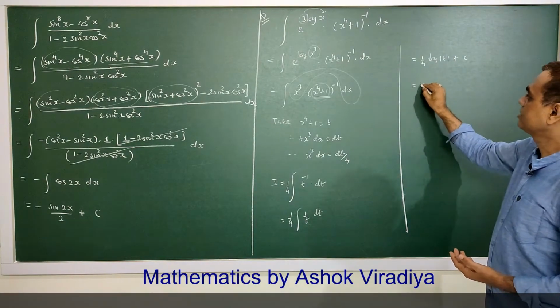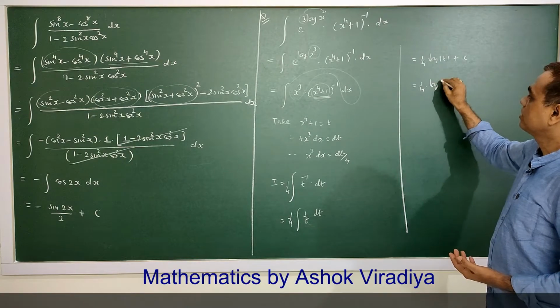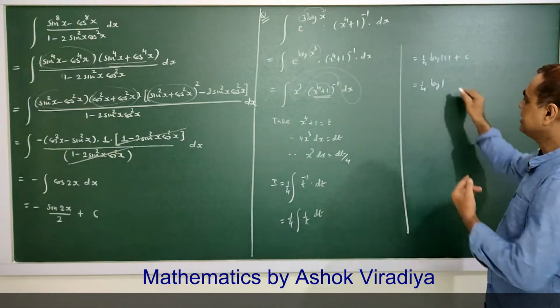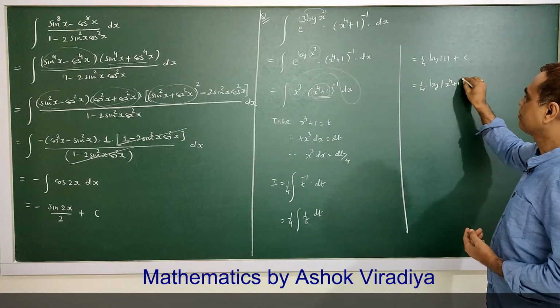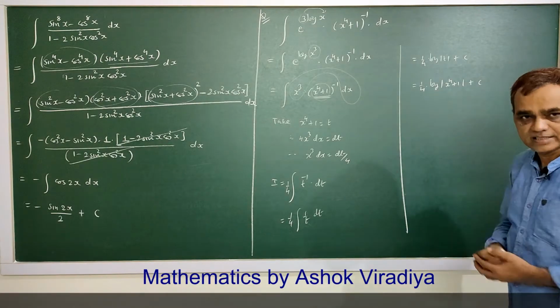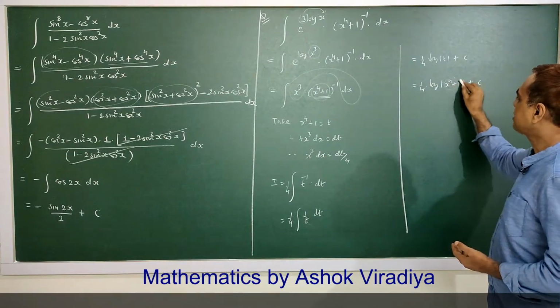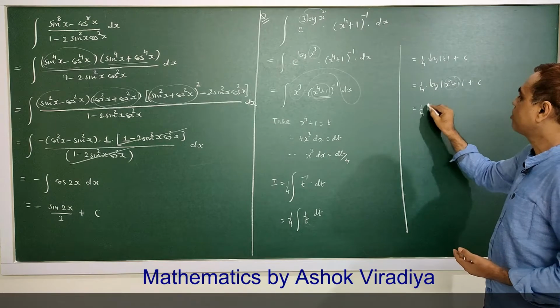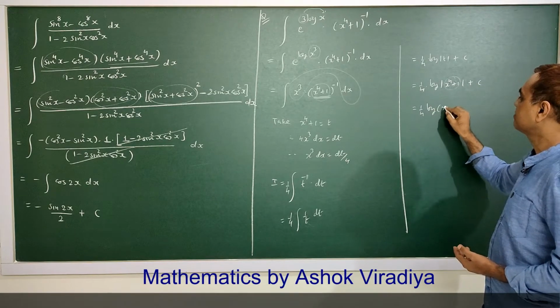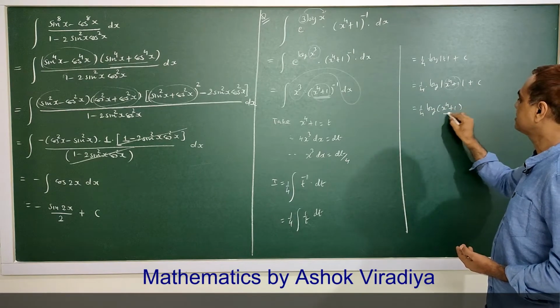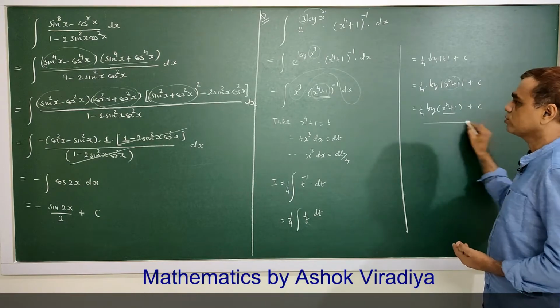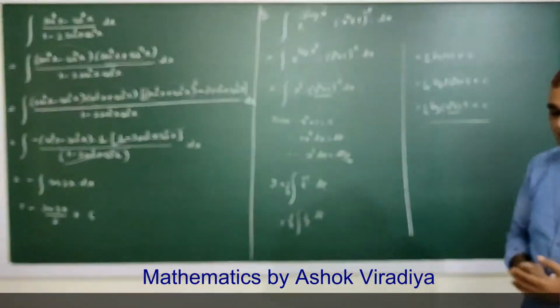So that is 1 upon 4 log mod t, where t is x^4 plus 1, plus c. And because this is positive, no need to keep the modulus. We can remove this modulus sign because this number is already positive. So this is the required integral.